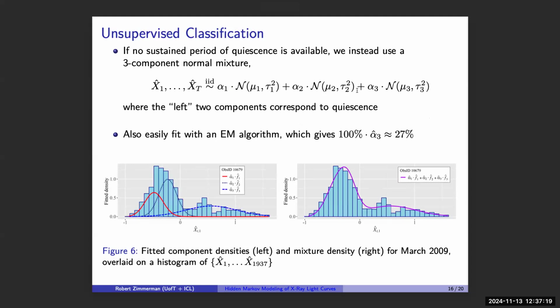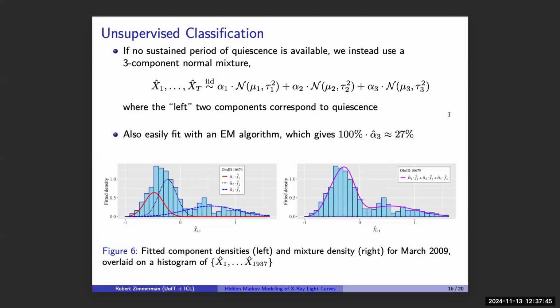To elaborate on what I mean by left, all these normal distributions have means mu1, mu2, and mu3, and these are scalars. So it literally is the two smaller of the mus that we assign to the quiescent state, and the third component, mu3, which we assign to the flaring state.